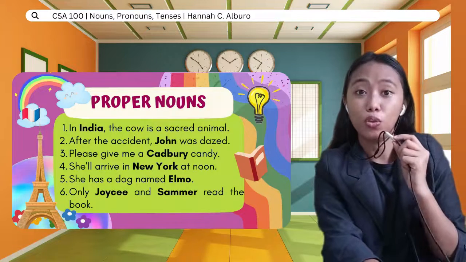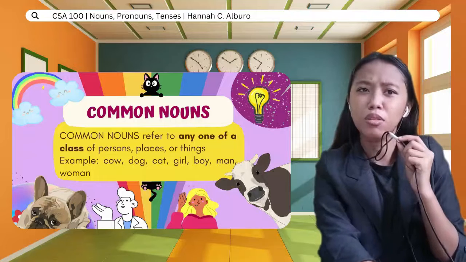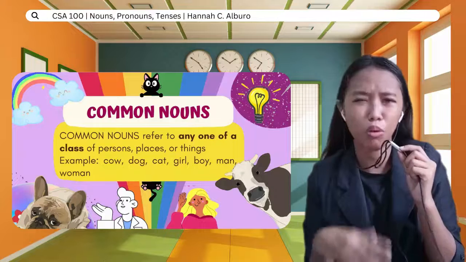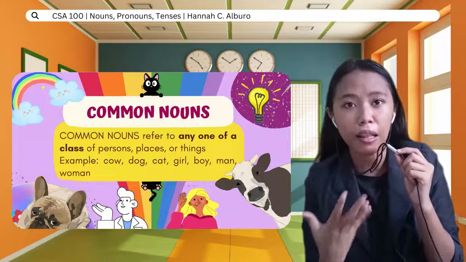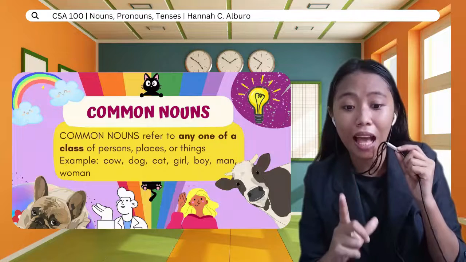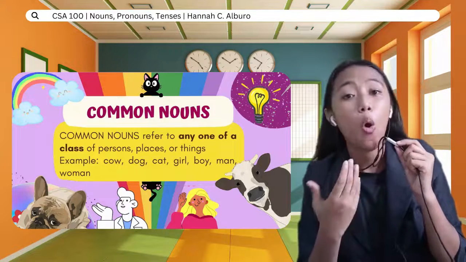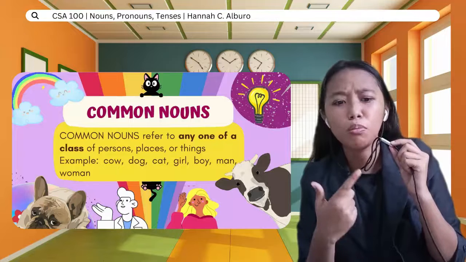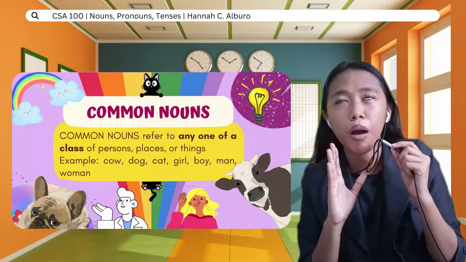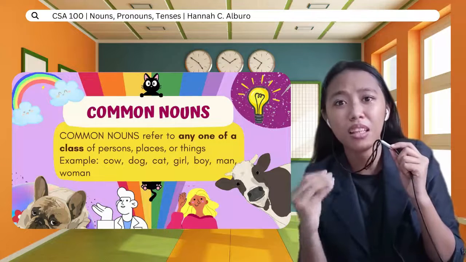Now let us move on to the common nouns. From the name itself, common noun, so very common or general name. These are the nouns that refer to any one of a class of persons, places, or things. So it could mean any, it is very general, no?